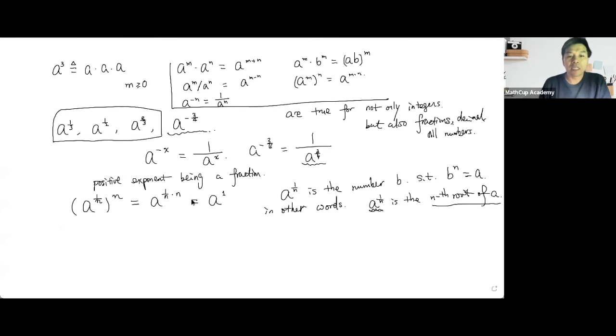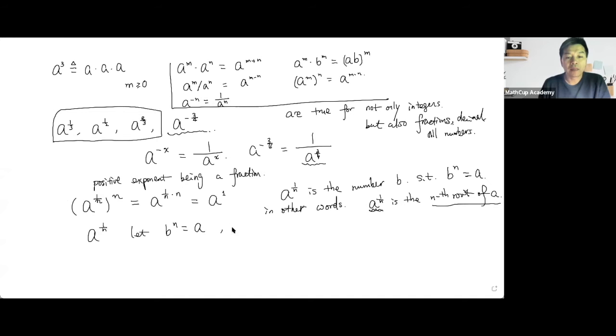A different way of seeing what a to the 1 over n means: let b to the power n equal a. So b is the number such that when I raise it to the power n, it is equal to a.